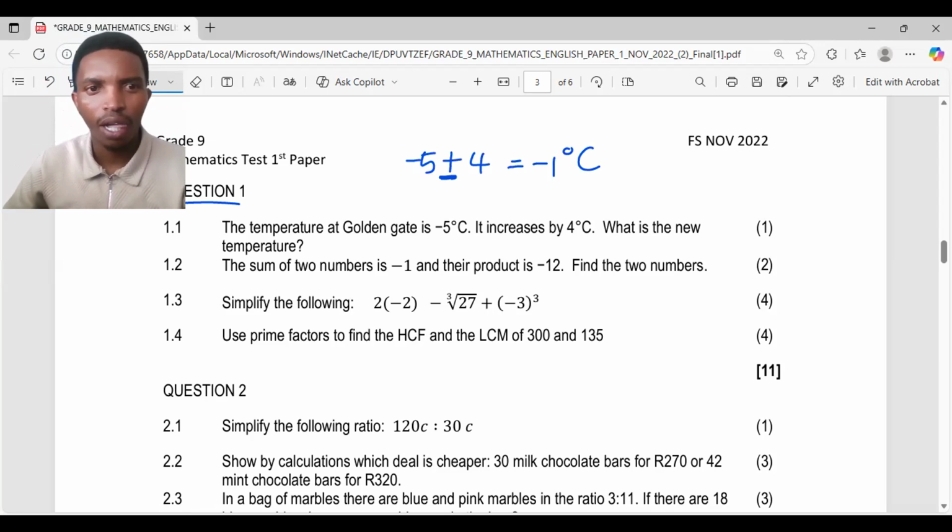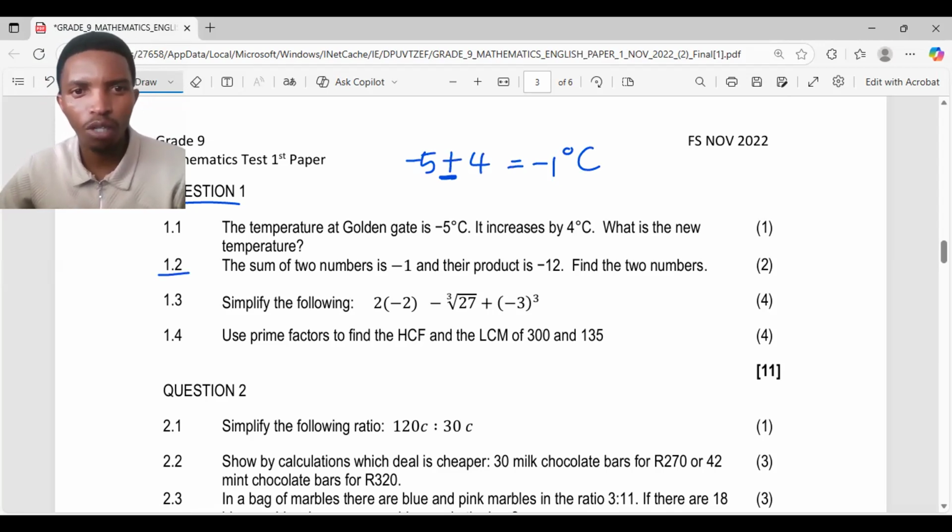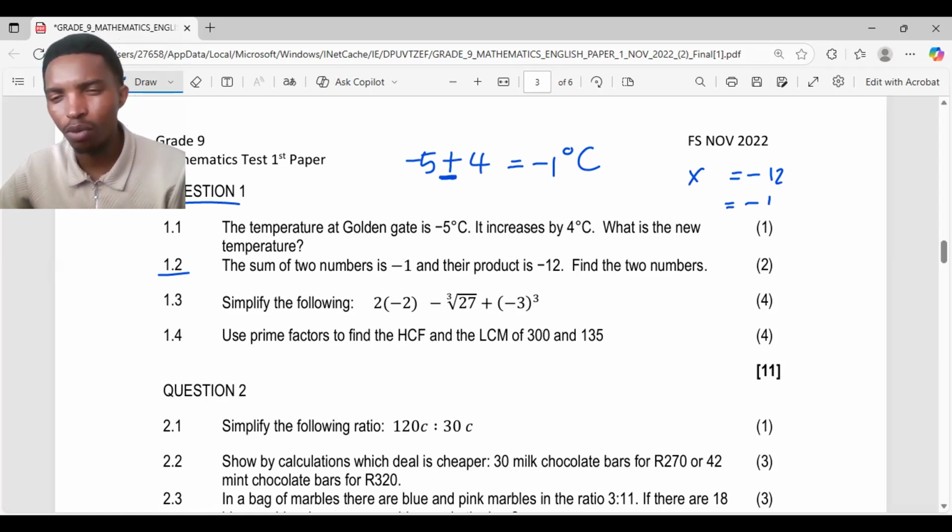And then for number 2, they said the sum of two numbers is -1, and their product is -12. Find the two numbers. Their product is -12, and their sum is -1. Which factors are we going to look for?